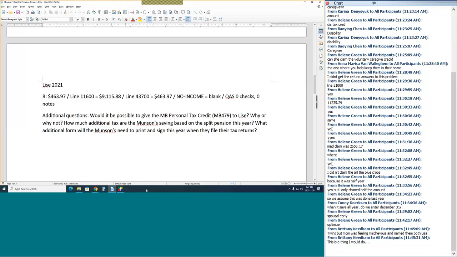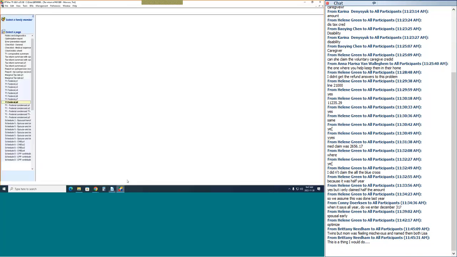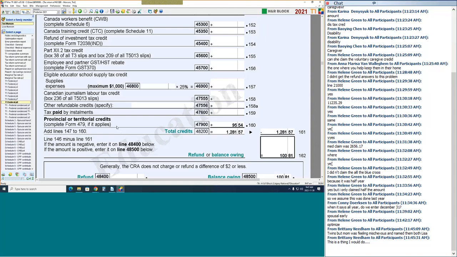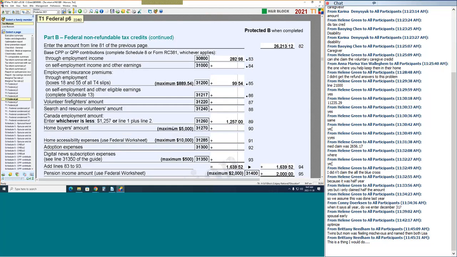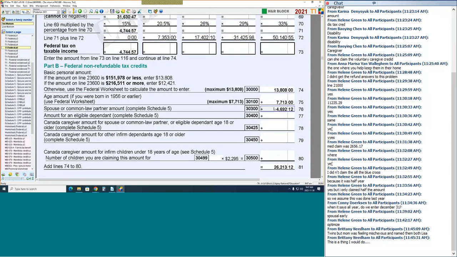So Maurice, it's not related to age. In this case, but that's a good question. In this case, it is related entirely to dependents. So if you take a look at his return, I want you to notice that he is claiming a spousal amount for Lisa.